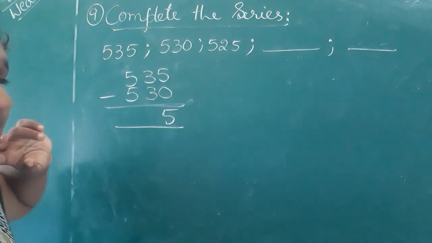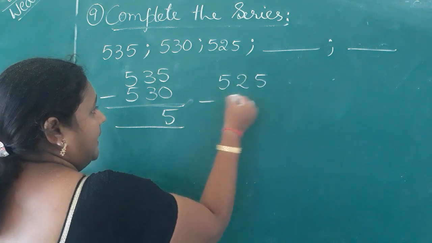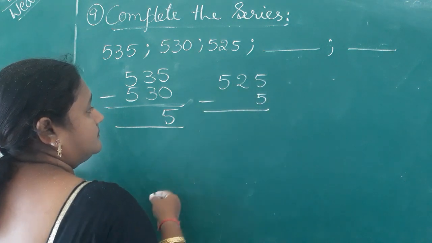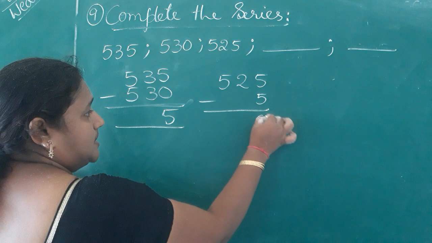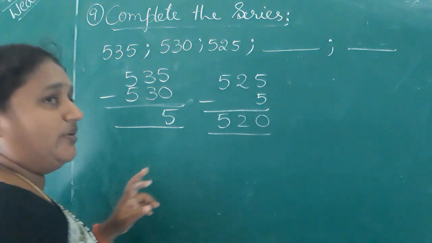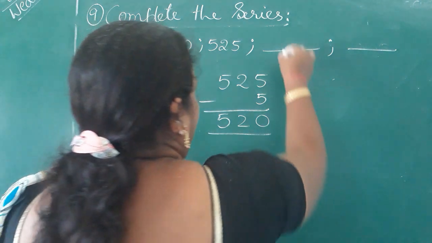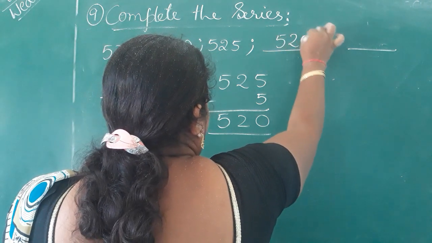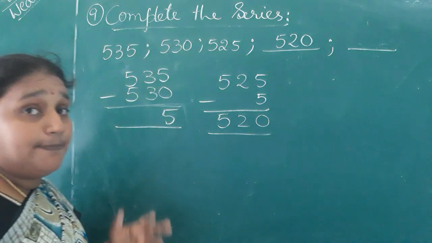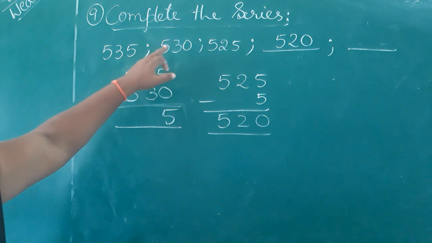How will you subtract 525 minus 5? 5 minus 5, 0, 2 and 5. So what is the next number we will get? 520. Based on the sequence, 535 minus 5 is 530.